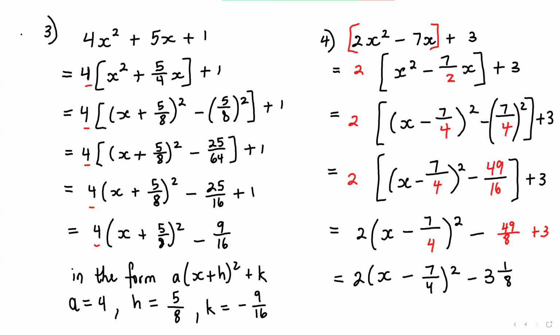Look at the fractions here. 2 times 49 over 16. 2 into 2, 1. 2 into 16, 8. So you get 49 over 8. Is that okay? Yes. Thank you for asking the question. You're welcome.